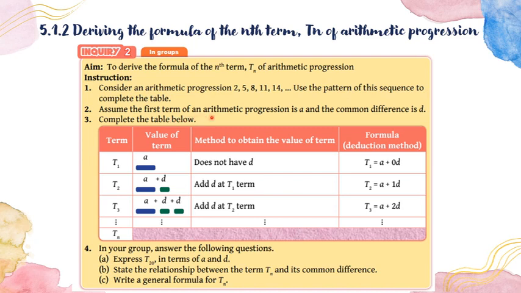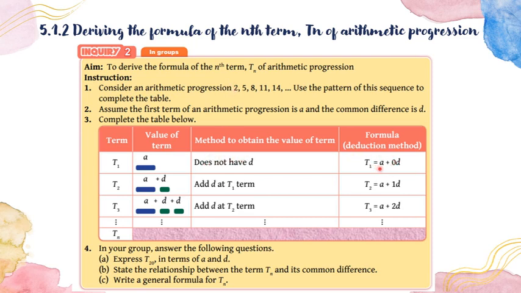Assume the first term of the arithmetic progression is A, and the common difference is D. Complete the table below. The first one, T1, is the value of the first term A, so it does not have D, since we don't subtract from a previous term.